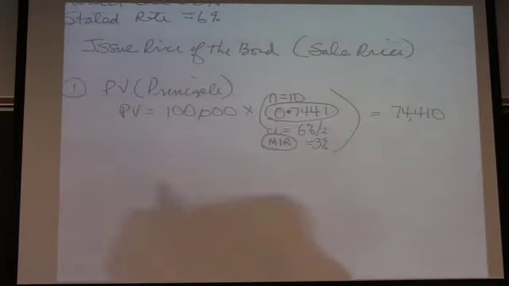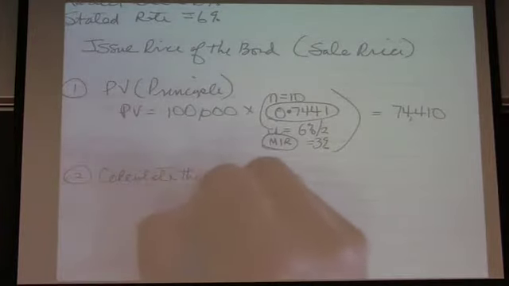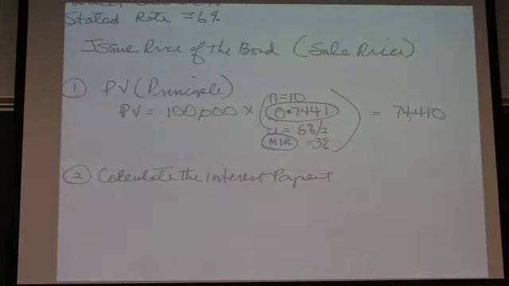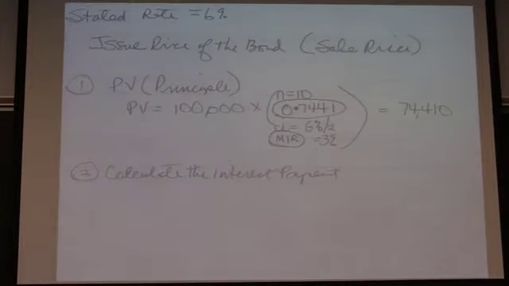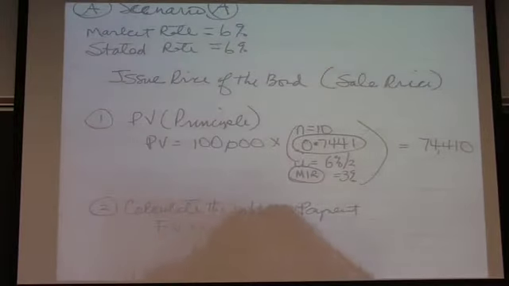Now, the second step is to calculate the interest payment, because we're always looking at it from a liability perspective, right? Because we're the issuer. In this case, the interest payment is the face value times the stated rate. We know the face value is 100,000.